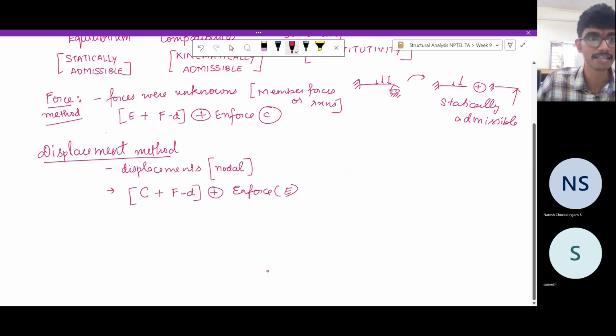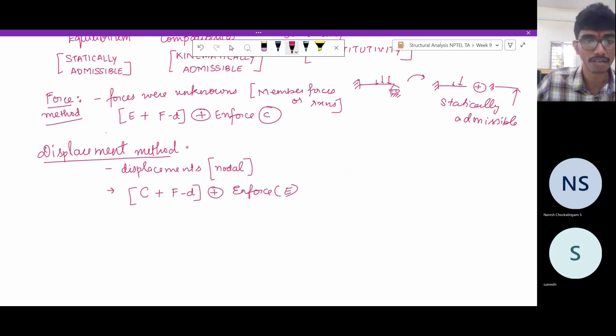Ultimately, we have to use all the three conditions, which is equilibrium, compatibility, and constitutivity. But in the force method, we construct a force system which is statically admissible and then enforce the compatibility conditions to determine the unknowns. But in displacement methods, we construct a displacement field which is kinematically admissible, and then we use the equilibrium equations to determine the unknown displacement variables.